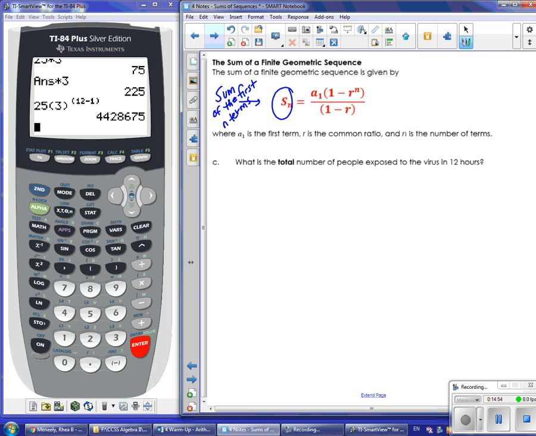In the formula, the a sub 1 just corresponds to the first term in the sequence. And then the r corresponds to our common ratio, and you'll see that it appears twice in the formula. And n is just the number of terms that we're adding together.